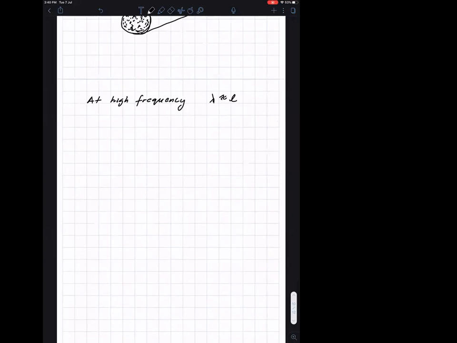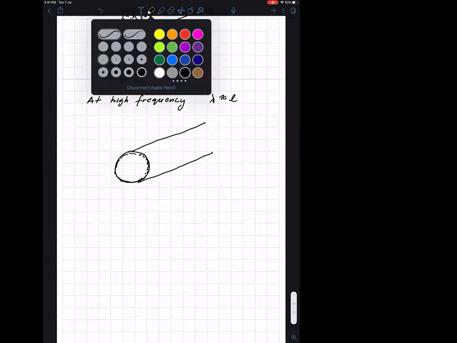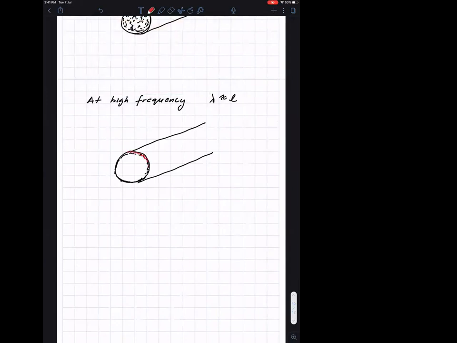At high frequency, if you send the current, it will usually travel on the surface. It is restricted to the surface, leaving it empty inside, there's nothing here.